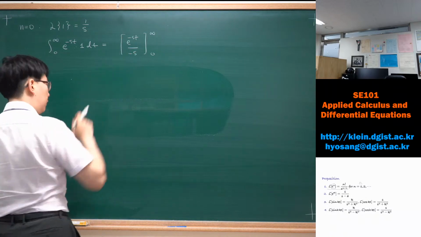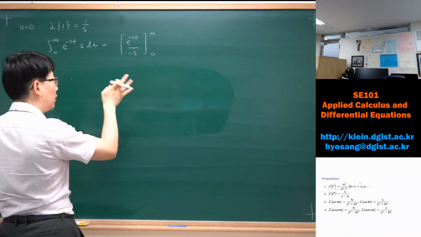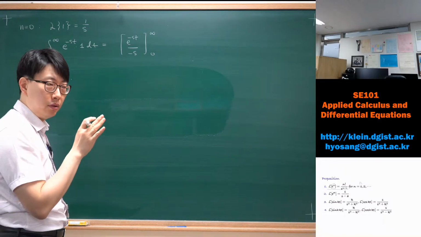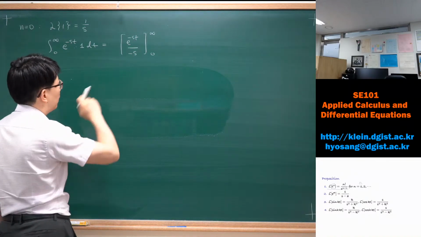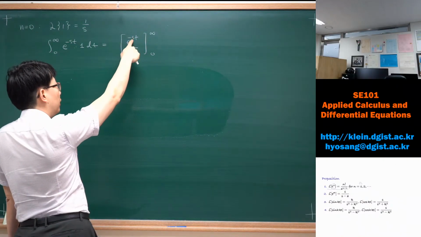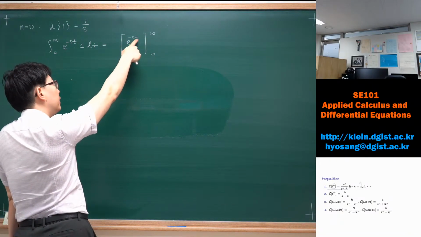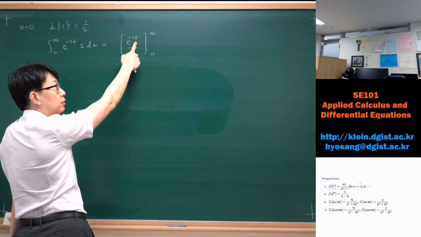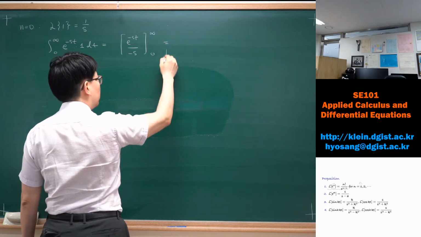So when t goes to infinity, assuming that s is a real number for now, although I told you that s is a complex number in general, and also s is a positive real number, what happens here is that when t goes to infinity, this goes to 0, and the other factor is constant.